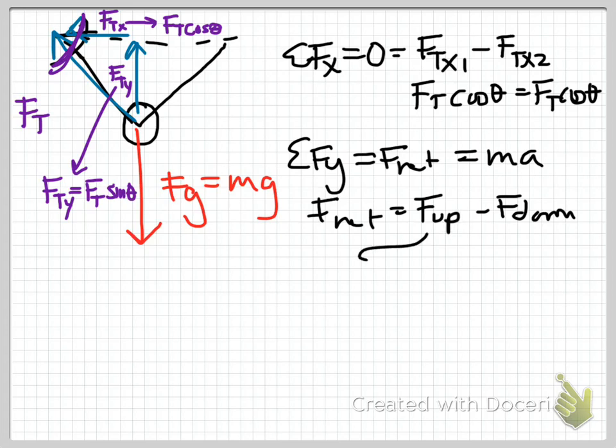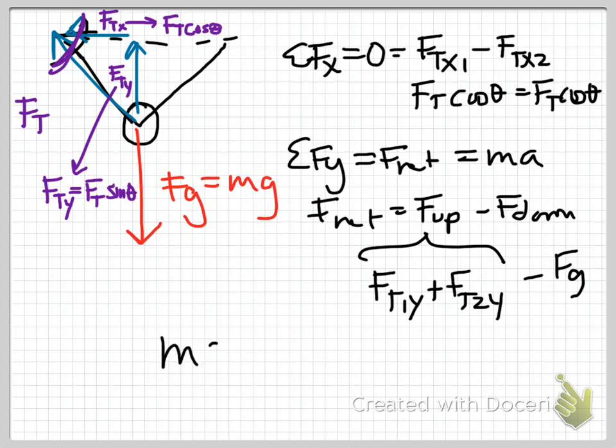So what forces up do we have? Force of tension 1 on the y and force of tension 2 on the y. We only have one force down, which is, yep, Fg. And we know that Fg equals mg, so we're going to start writing in our expressions.